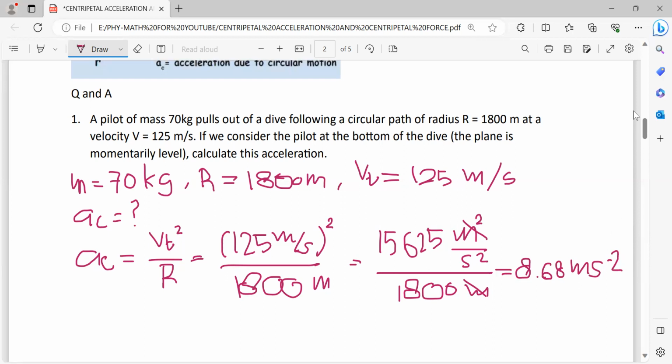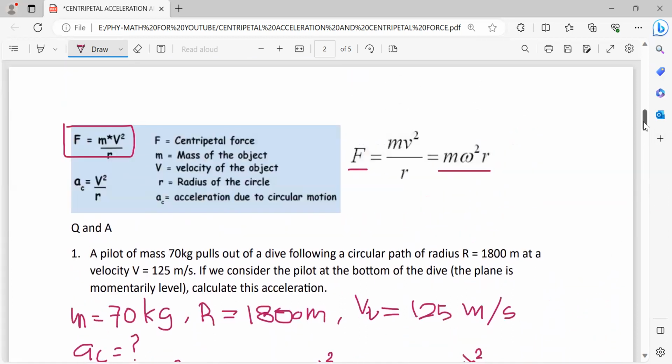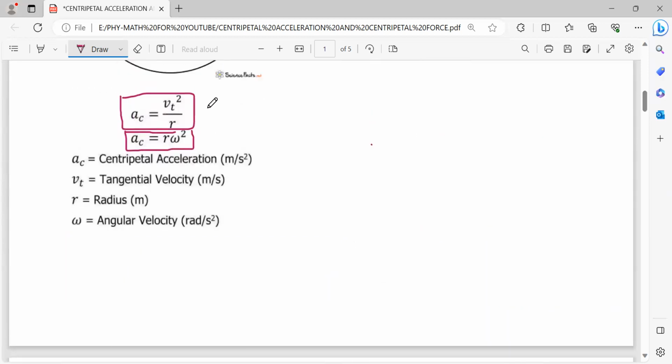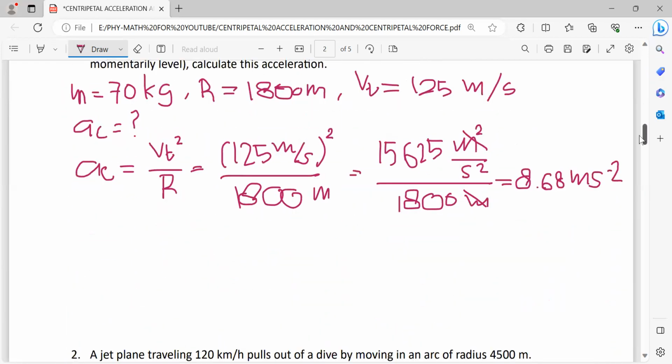So the answer is 8.68 meters per second squared, because of using this formula for centripetal acceleration.